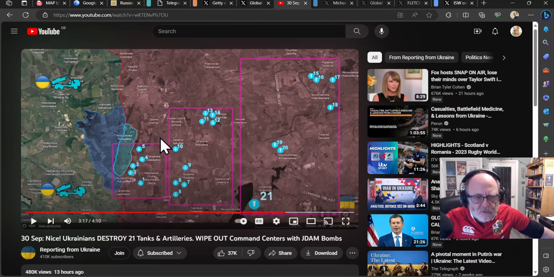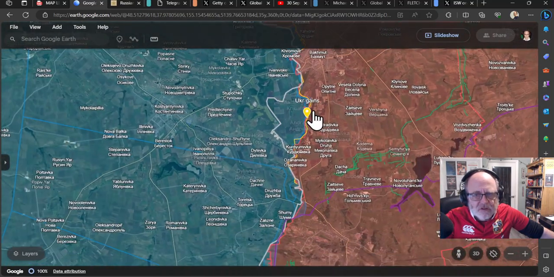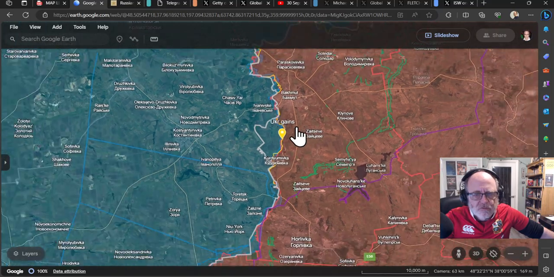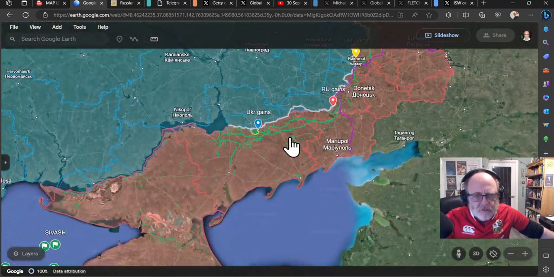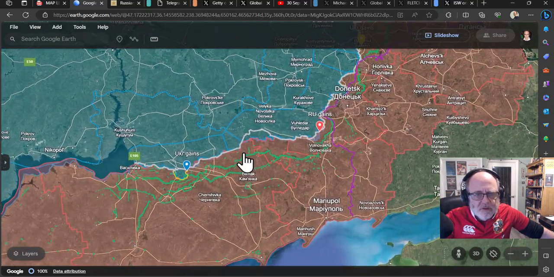So you've got mortars and drones, artillery and more ranged artillery, and then going back to HIMARS and whatnot. They're really hammering, supposedly, the Russians in that area. Go and watch Reporting from Ukraine to get an idea of what the Ukrainians are trying to achieve there and what they're doing.